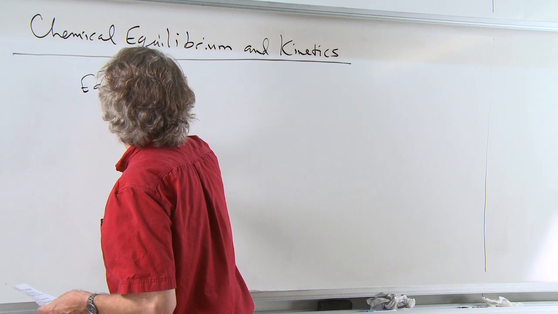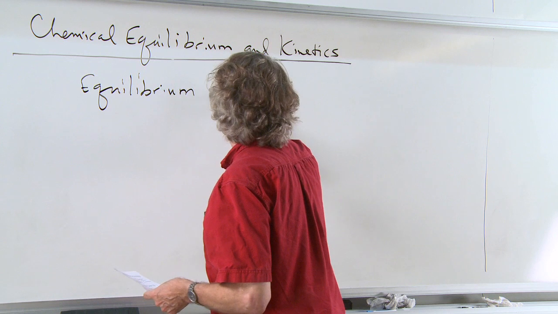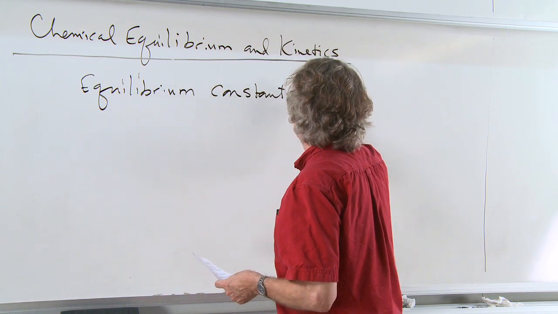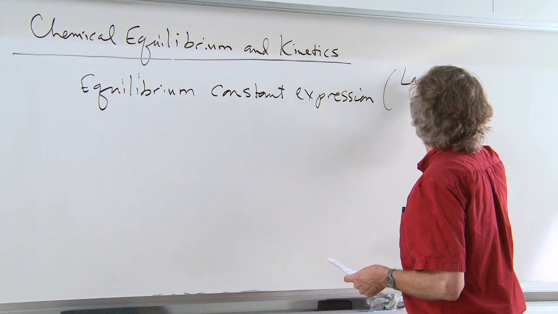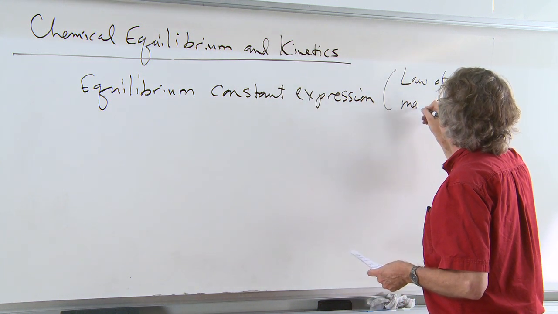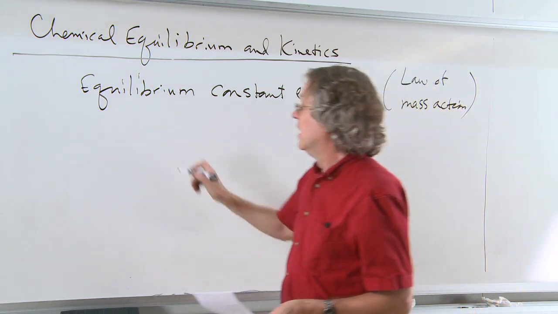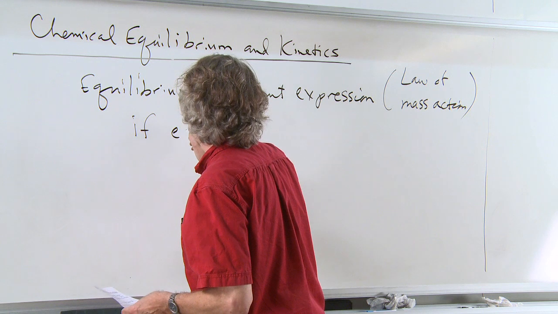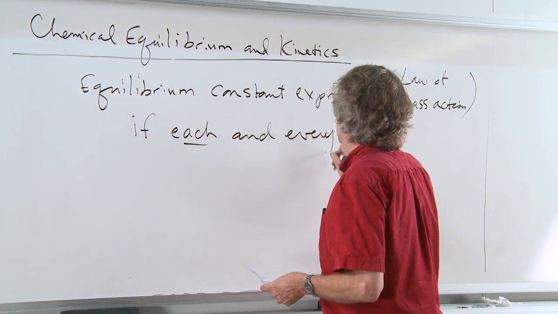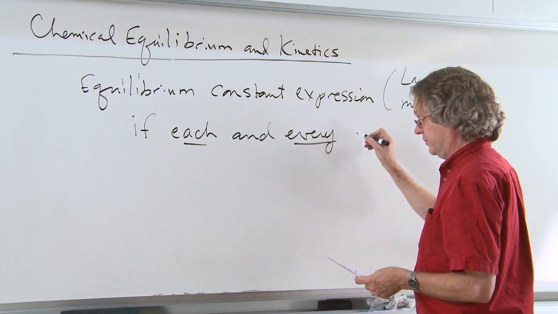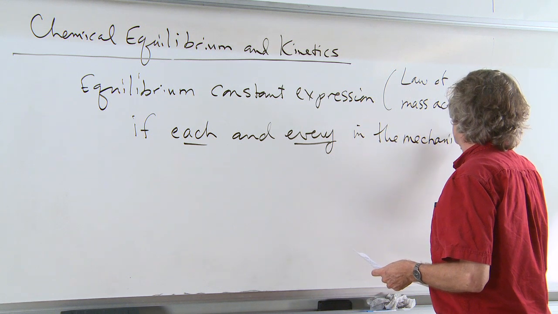So this equilibrium constant expression, sometimes called the law of mass action, is something that has been shown to hold in the condition where each and every step in the underlying kinetic mechanism is at equilibrium.